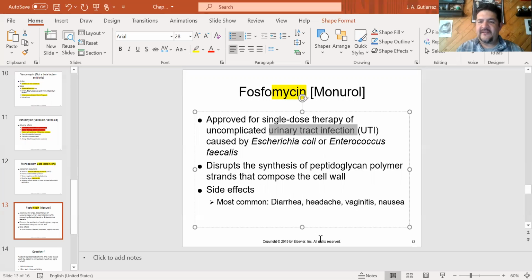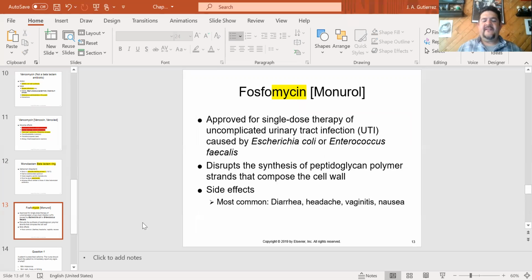So it might irritate the vulva. It might irritate the vagina. And may cause nausea. Okay, so that's it regarding medications that break down the wall of bacteria. Okay, thank you for your attention, and I'll see you on the next chapter.